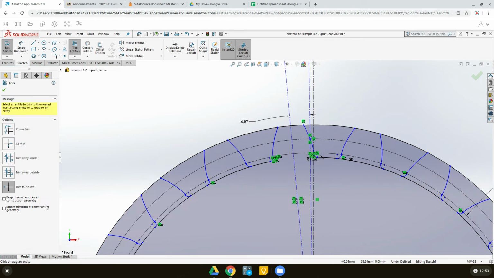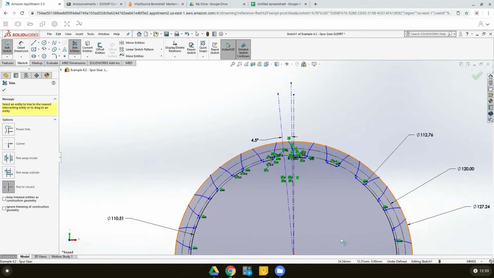Now let's see if we can chop this time. So trim entities, yeah, it's looking better. And I would like to chop on both sides to make sure everything is going in right direction. Yes, I think we are getting somewhere.